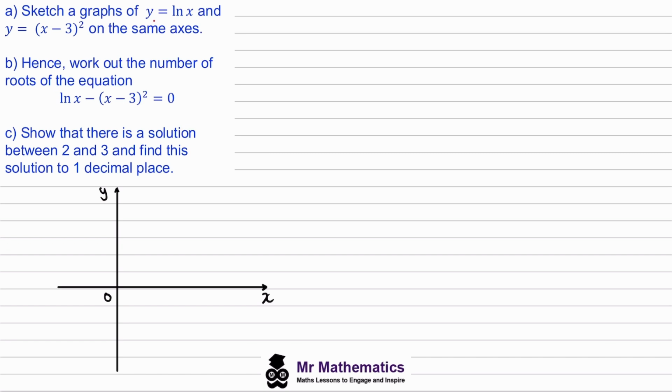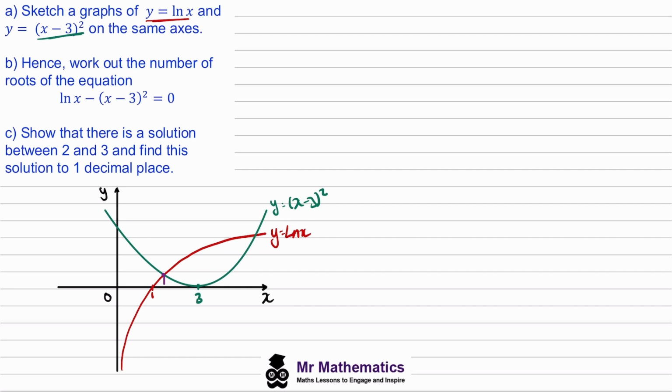So to sketch the graphs, I'll sketch the natural log of x in red. That would look something like this. This will have a root at positive 3, and that will look something like this. So we've got y equals the natural log of x, and y equals x minus 3 squared. And this will be at 1 here.